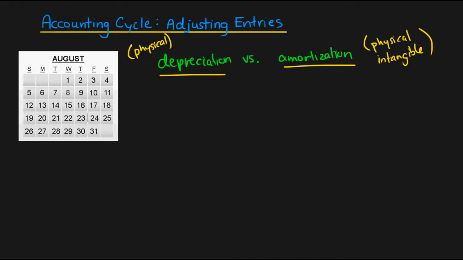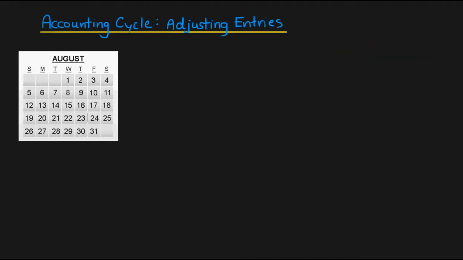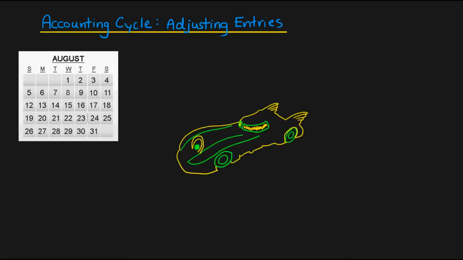So let's actually talk about this last adjusting entry so we can get it off our backs and start something new. So what I thought we'd do is use a very relevant example in which we're talking about a piece of equipment known as the Batmobile, because it's very relevant in this time and age because the Batman movie just came out, or the Dark Knight, whatever you want to call it.